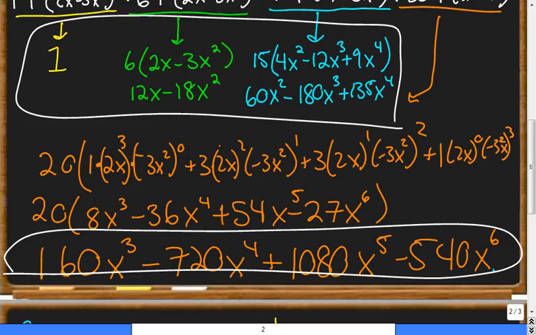You have some like terms: the cubic terms, several squared terms, and one other one. You add all these together and you get your final solution. Just remember to apply the logic, and the logic can be applied even inside of the problem if you need it.